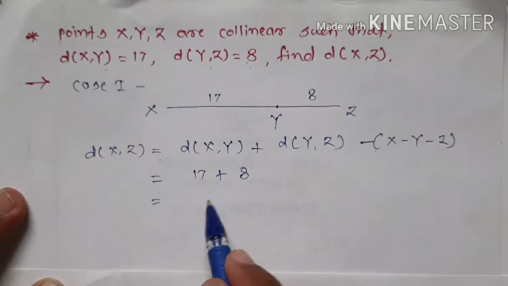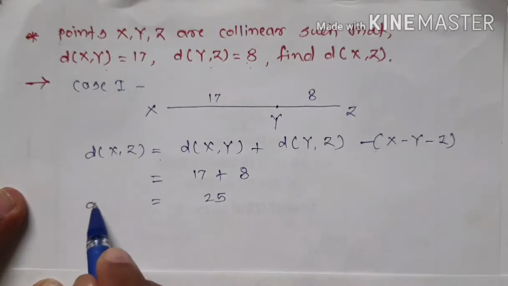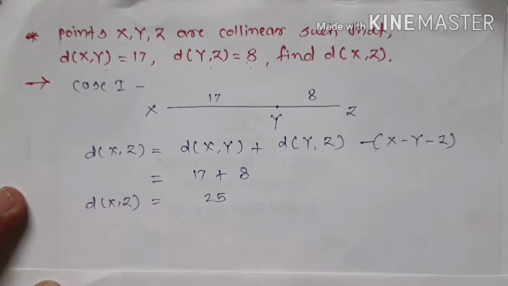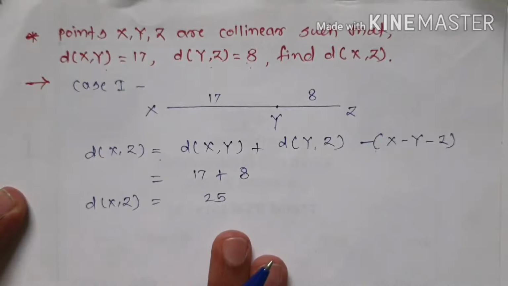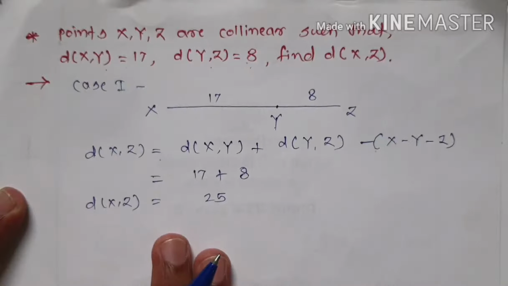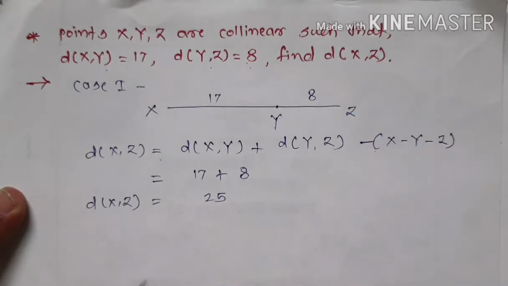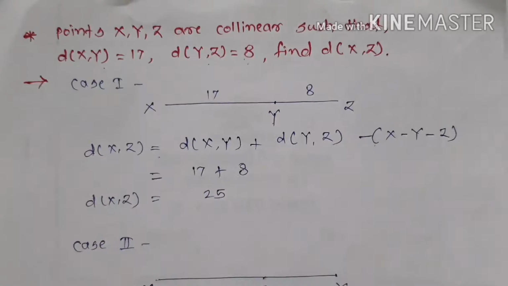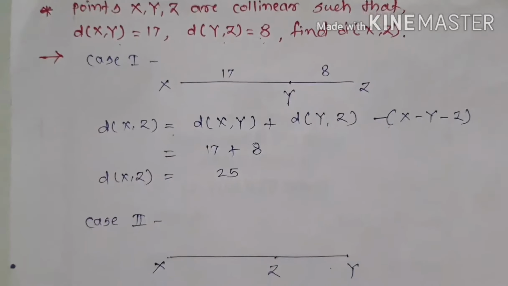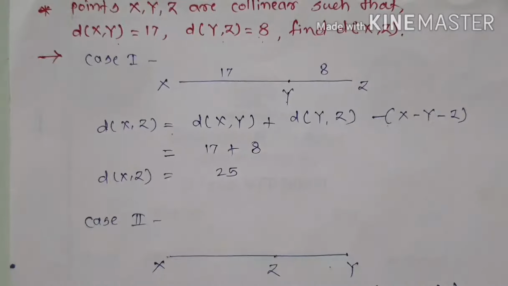So 17 plus 8 is equal to 25. So distance XZ is equal to 25. This is the distance between points X and Z if point Y is between X and Z. Now there is a second possibility that points X and Y are the endpoints and point Z is between X and Y.